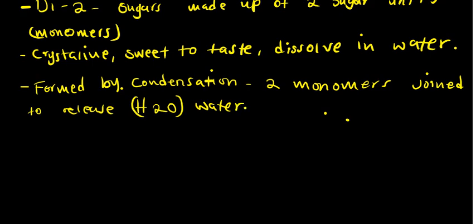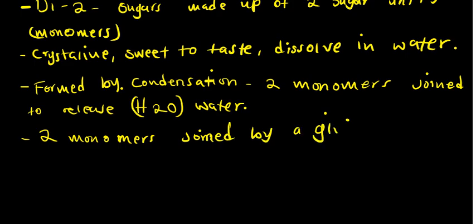The bond that joins the two monomer units is a glycosidic bond. Don't be intimidated by the word glycosidic bond.